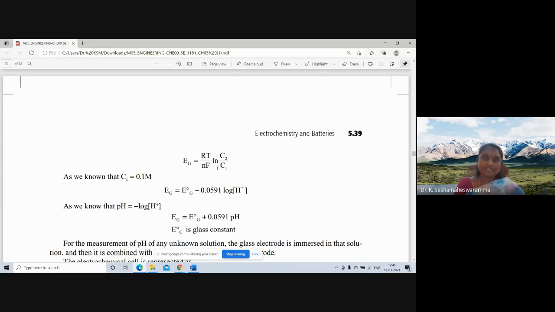We know that pH is the negative logarithm of H plus, so it is converted to Eg equal to E0G minus 0.0591 log H plus.